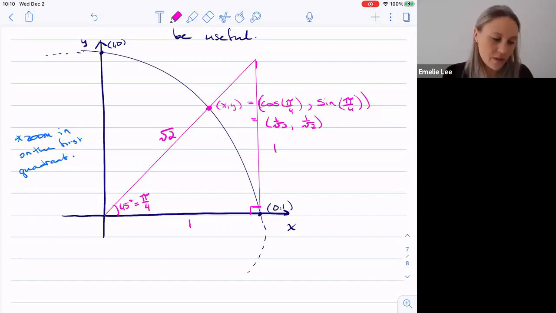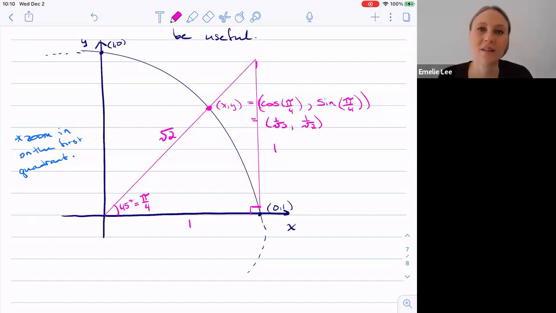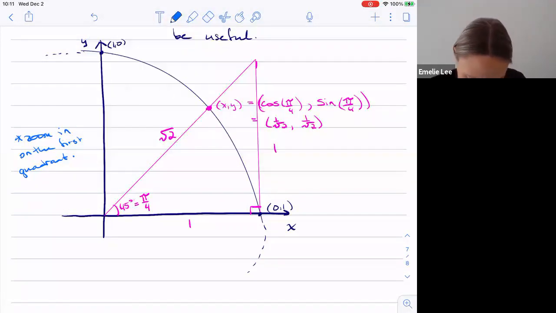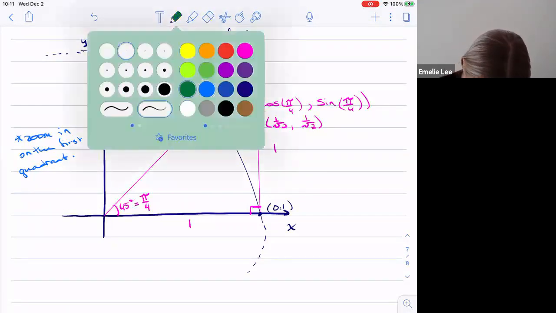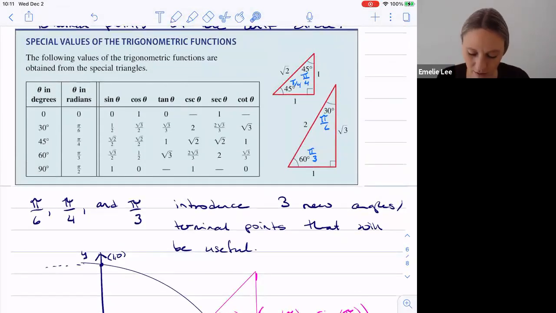So if we know this special triangle, then we're able to find the sine and cosine very easily. What if we take the 30-degree angle, which is pi over 6?